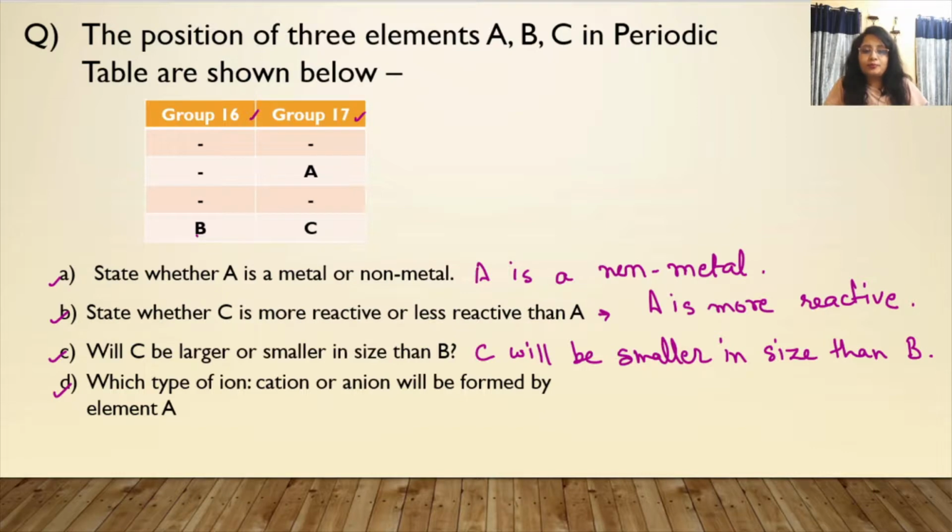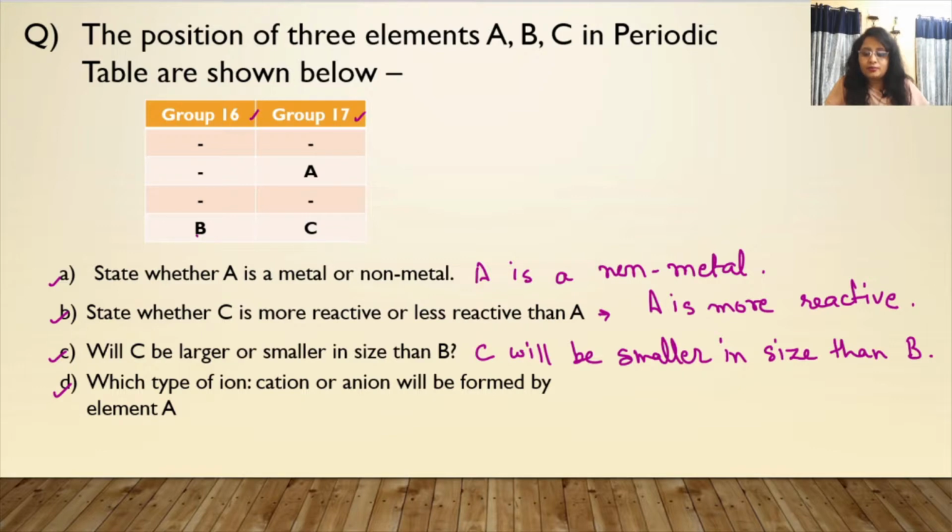So as we go from left to right, the ability to attract the electron increases. It means here in group 17, the element has a great tendency to attract the electron. That's why the element A will form an anion.